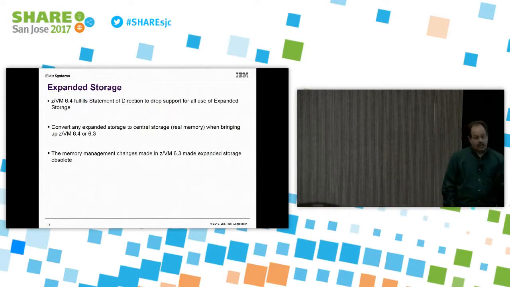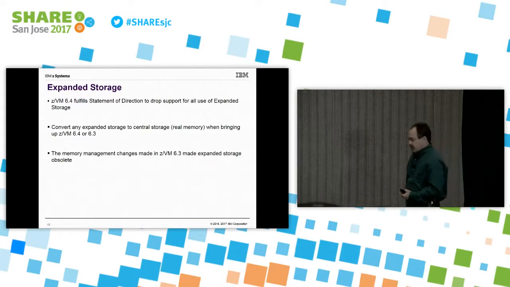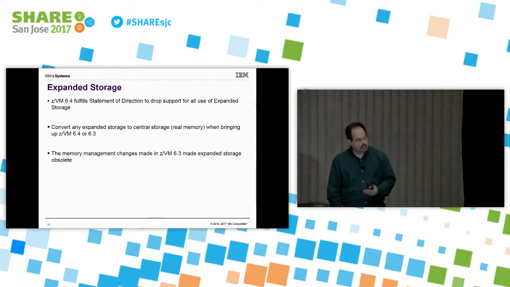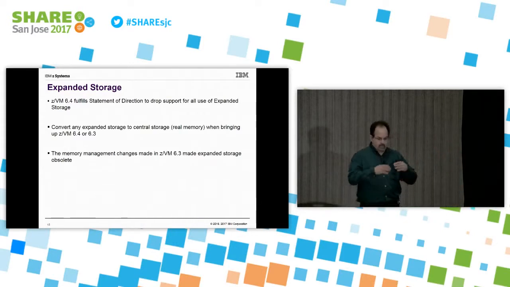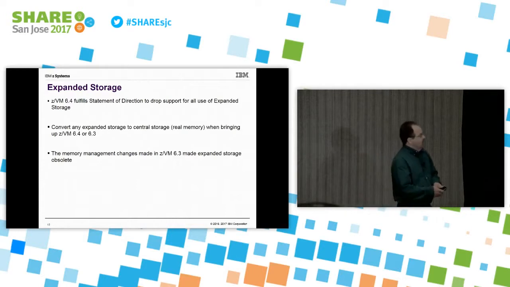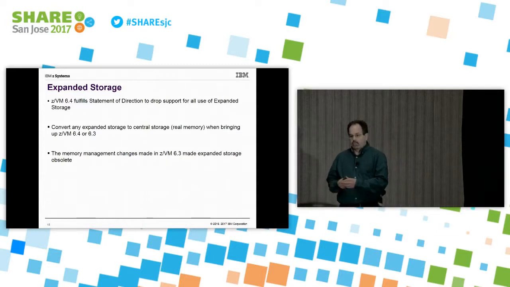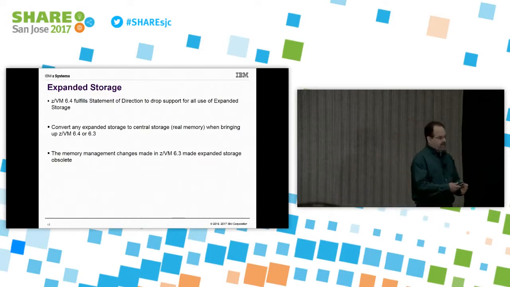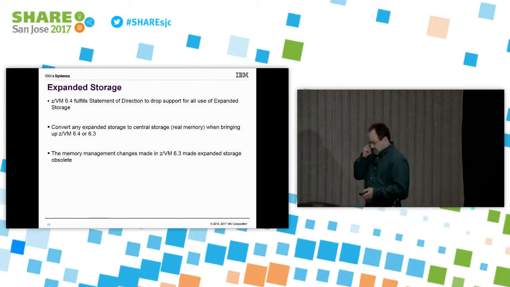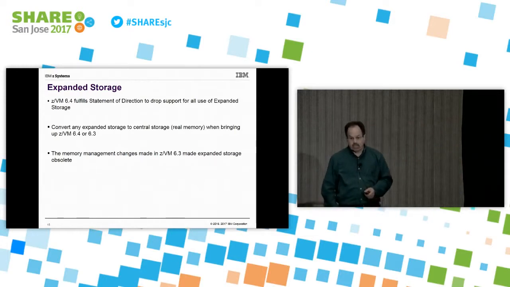So you want to convert that to real storage or central storage, so that a VM system can use it all. In 6.3 we did a bunch of memory management enhancements for scalability, and based on those changes, the benefit we were getting from using expanded storage was negated, making it obsolete.